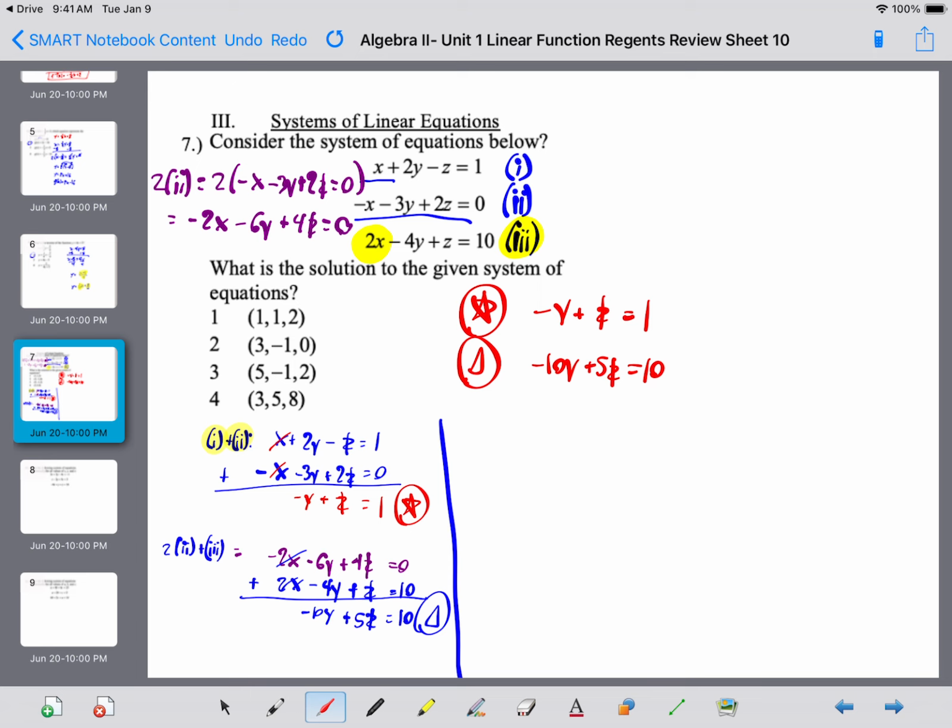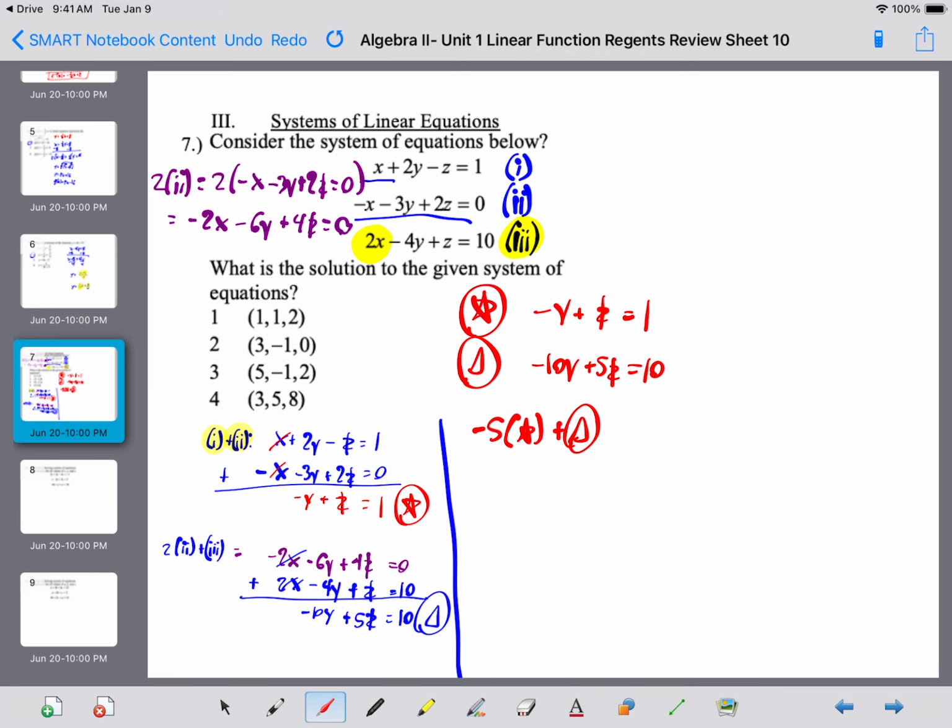And it looks like we're going to have to multiply by a scalar factor or a number. Let's multiply by negative 5 so that we get negative 5z, and that would cancel out. So we're going to multiply equation star by negative 5, and then we're going to add that with equation triangle.